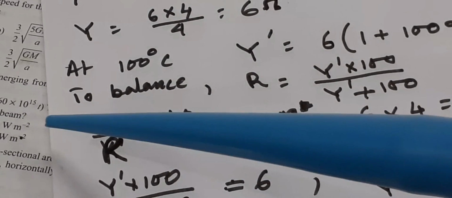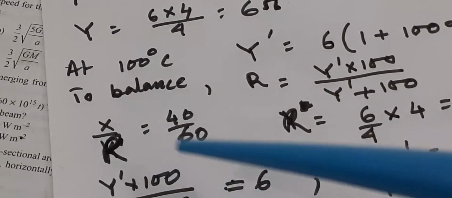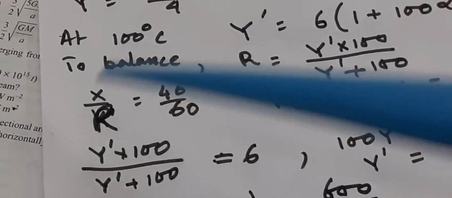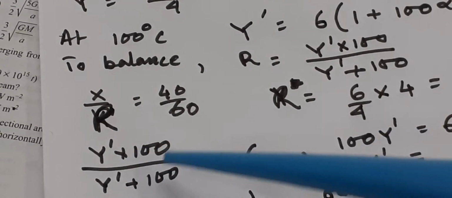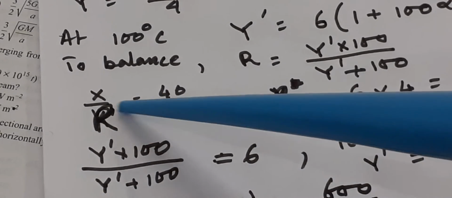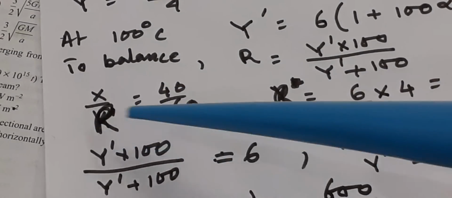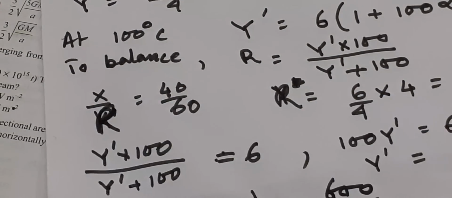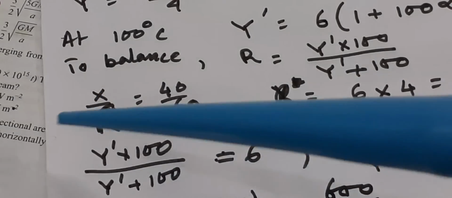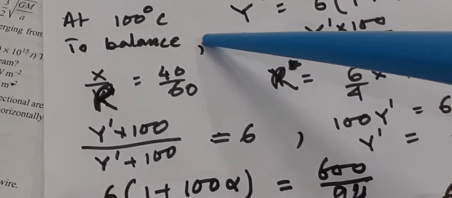This relation will be equal to 6. You can check here x is 4, the zeros cancel, 4 4 cancels, then R is again 6. I mean R means Y dash 100 divided by Y dash plus 100.